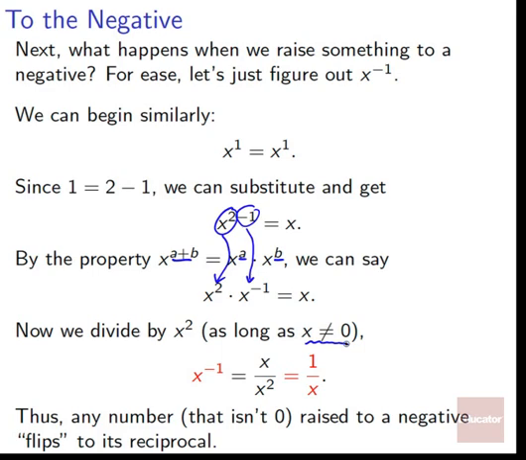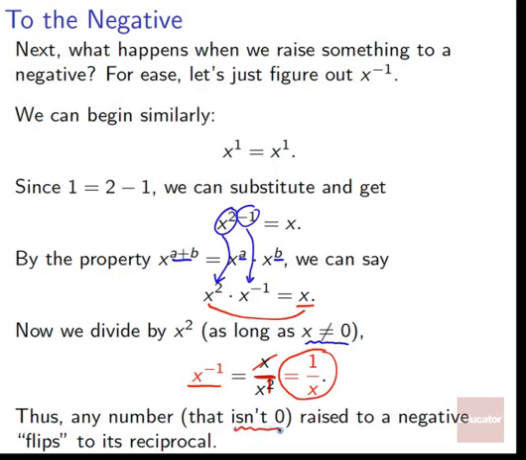But if we divide by x squared, the x squared goes from here over to here. And so we get x to the negative 1 equals x over x squared, right? x divided by x squared, that cancels the x on top, turns this to a 1, and we're left with 1 over x. So x to the negative 1 equals 1 over x.